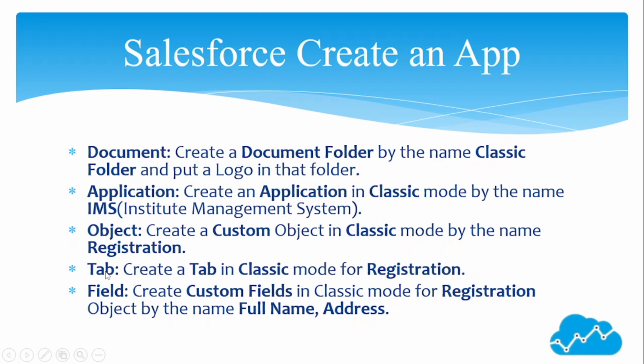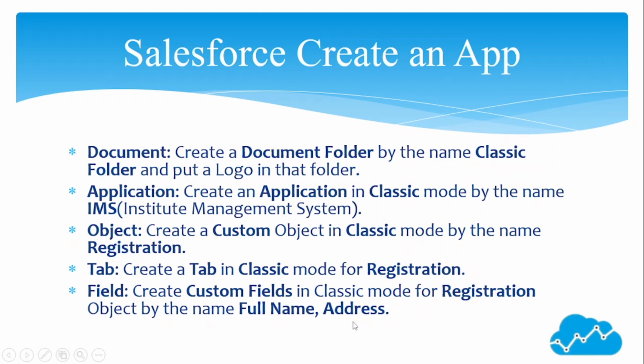Then for that particular registration object, we are going to create a tab in classic mode for registration. Then again for the particular object, we are going to create custom fields in classic mode for the registration object by the name, full name and address.